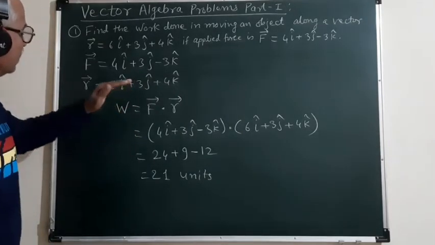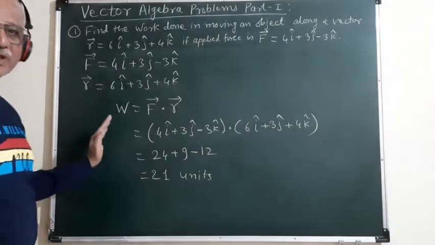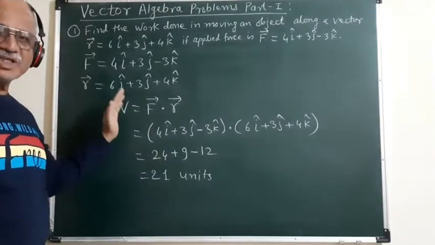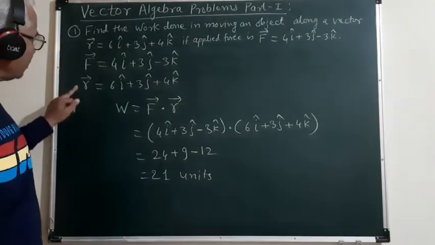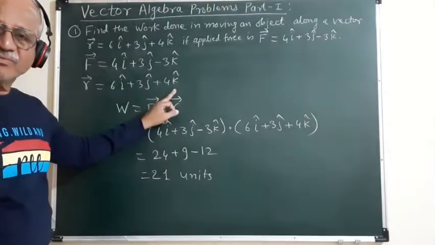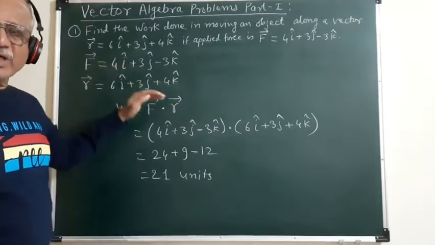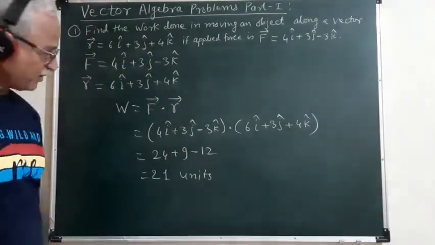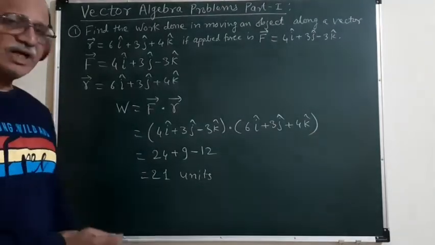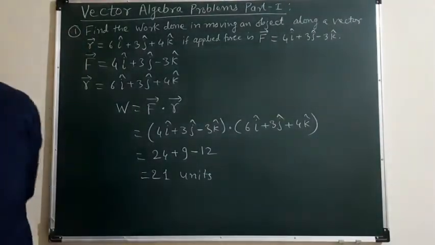So that is how we can calculate the work done in displacing a certain object along a vector r bar given by this expression when the applied force on it is given by this expression. So that is how we can calculate the work done.